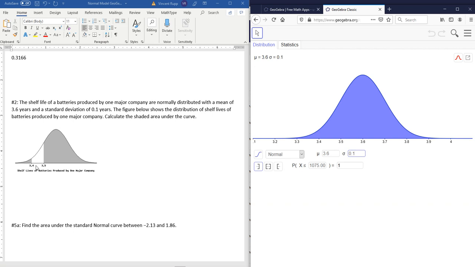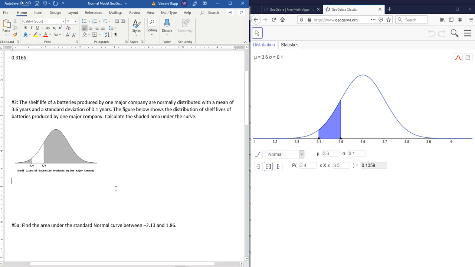So for the shaded area, we want everything that's not between 3.4 to 3.5. So click the between button here and go 3.4 to 3.5. And that'll tell us that's 0.1359. So if we write this out, the area from 3.4 to 3.5 is 0.1359, and the total area is 1 or 100%.